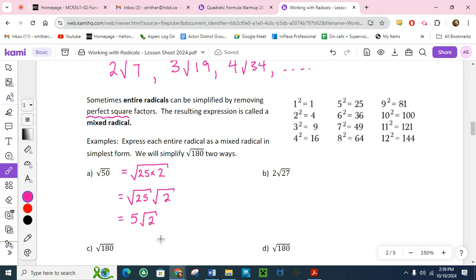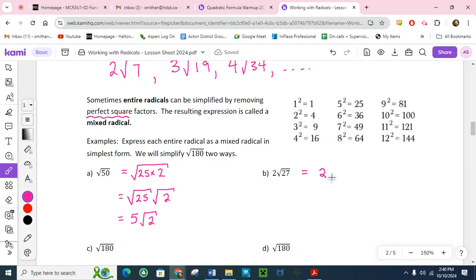All right, let's do another one. We're going to simplify a mixed radical. Can you find a perfect square number that goes into 27? You got one, Jillian? Nine.